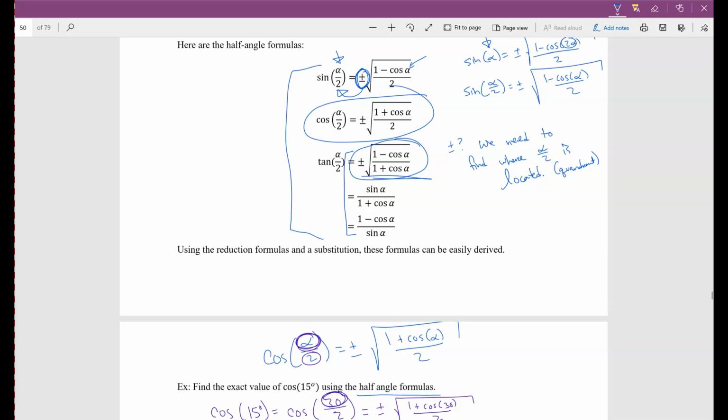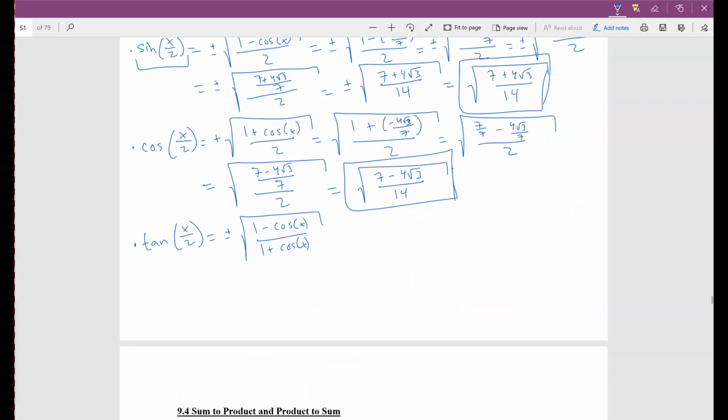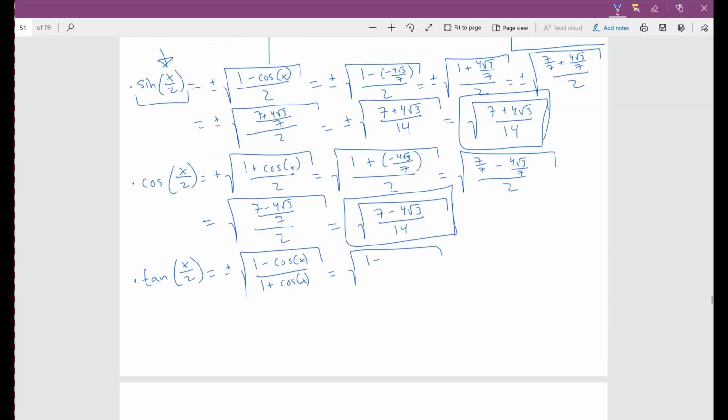Now we know that the tangent is going to be positive because it's in quadrant 1. So it's positive, so it's going to stay positive. So we're going to have 1 minus the cosine of x, which we knew what that was. That was just negative 4 square root of 3 over 7. And then 1 plus negative 4 square root of 3 over 7.